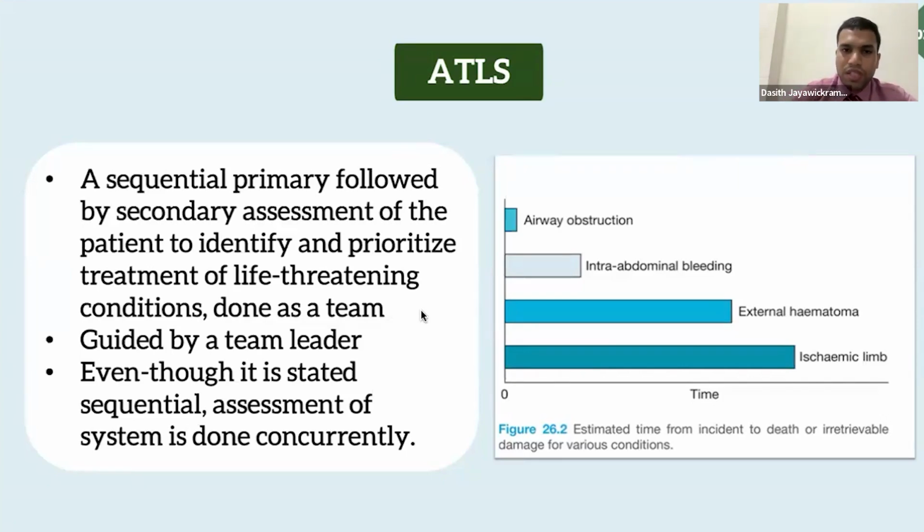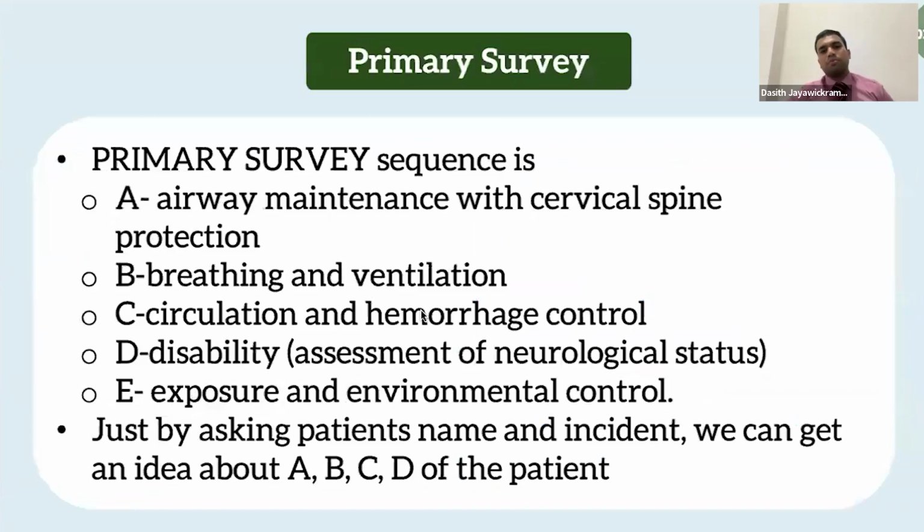Okay, let's go forward. So the primary survey is very important, and we already know the sequence. Initially, airway maintenance with cervical protection.